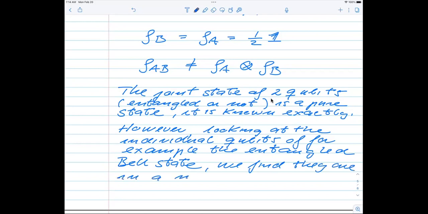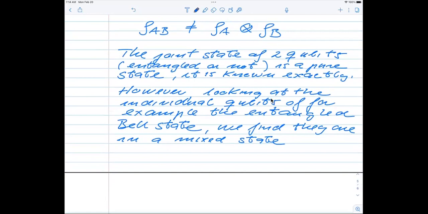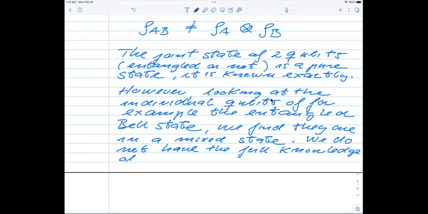So we do not have the full knowledge of their states. And that's essentially what this quantity we discussed before the break expresses.